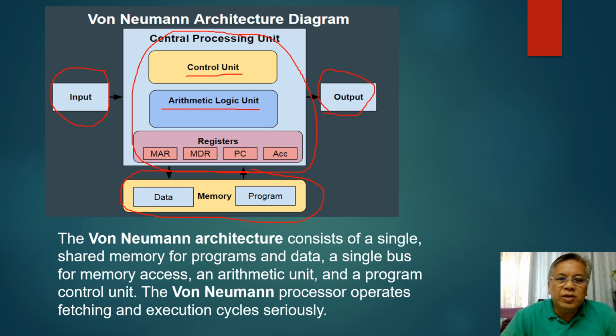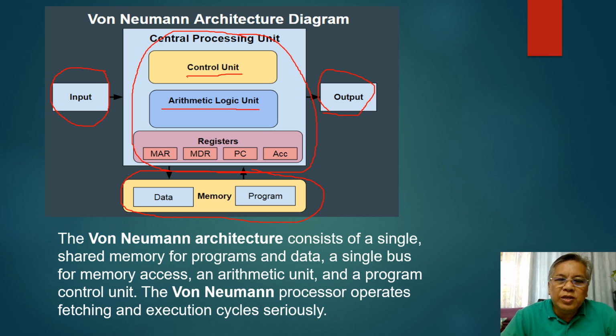Let's have a simple discussion on the different functions of the different parts of the von Neumann architecture. Of course, the input device here is used to input data using, for example, your keyboard, your mouse, etc. Then you have your central processing unit, which contains your control unit.